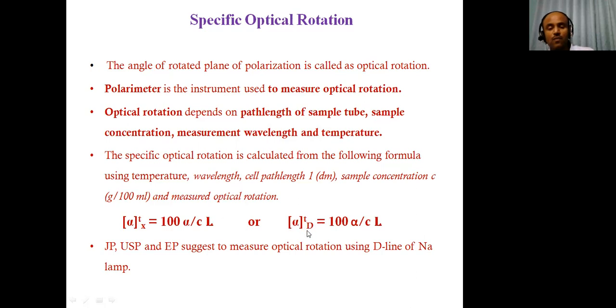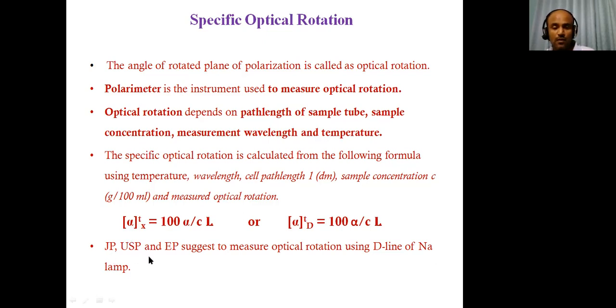Many times, instead of x, the D notation is used. D notation means the D line wavelength emitted from the sodium vapor lamp. So specific optical rotation in this case is equal to 100 into alpha, where alpha is the observed optical rotation, divided by C into L. C is concentration and L is the path length of your sample tube.